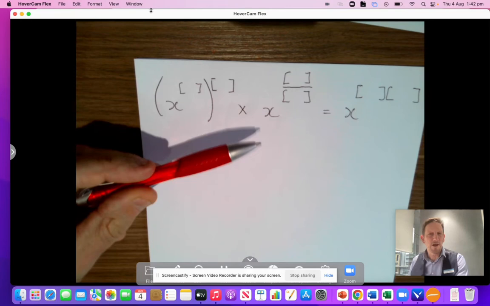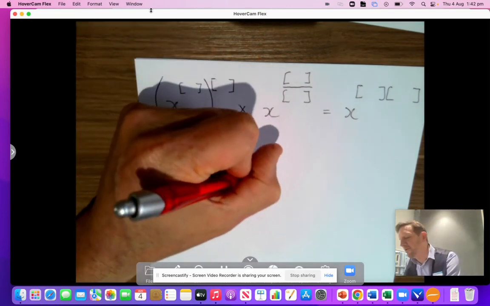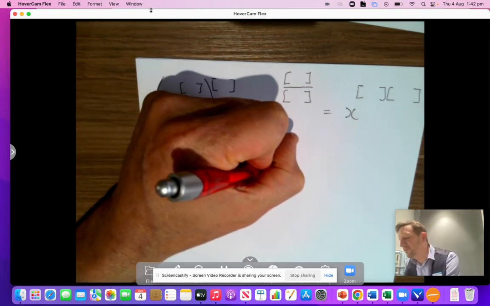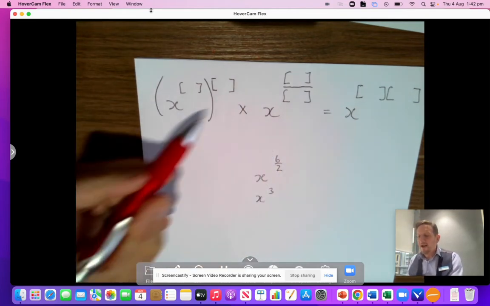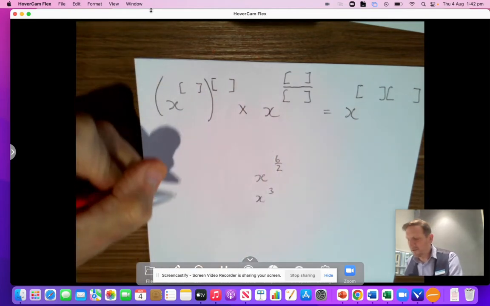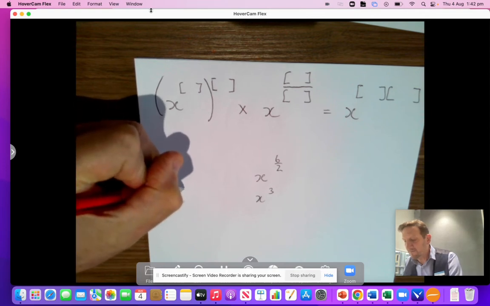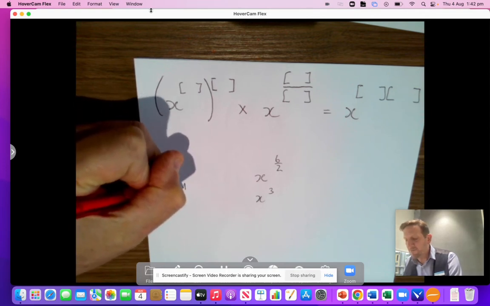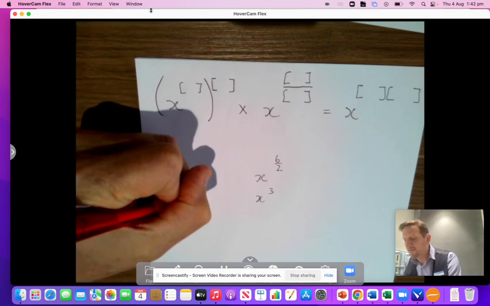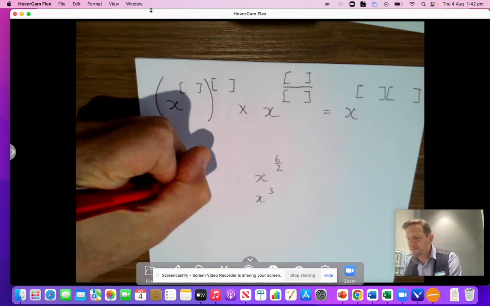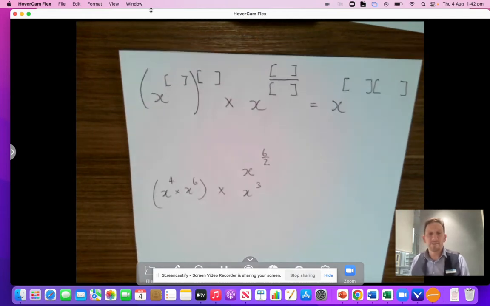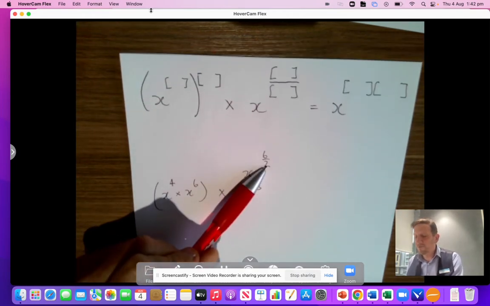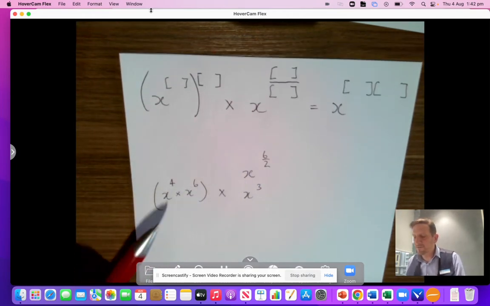You can't have a third or something like that, but you could have 6 over 2, which is really x cubed. And then again, whatever we do here, x to the power of 4 times x to the power of 6. Again, it's almost exactly the same question, isn't it? But we've used the 2 there, and this is going to be 27.